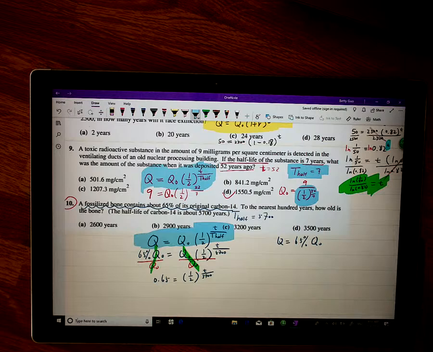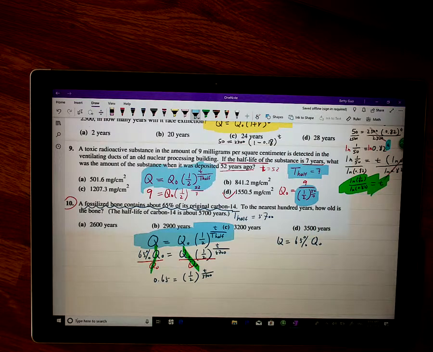So let's try C. This time 0.5 to the power of 3200 divided by 5700. You have 0.67. That's a lot better than A and B, right? But make sure you have the best answer.